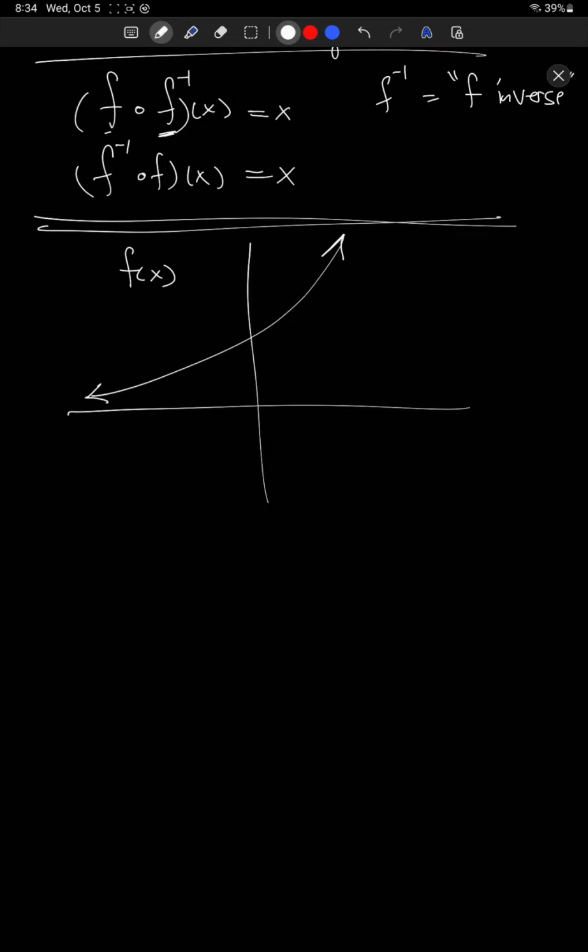All the functions we're talking about today are going to have an inverse, and I'll talk about an example of a function that doesn't in just a couple minutes. The question is, what is the graph of its inverse function? So f inverse of x, what does that look like? And the good news is, if we know the graph of f, then the graph of f inverse is really easy to figure out.